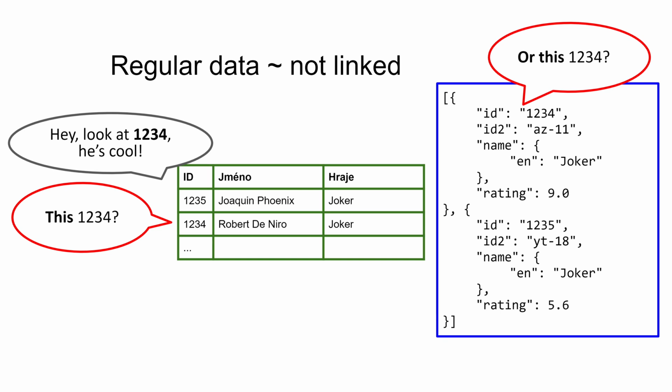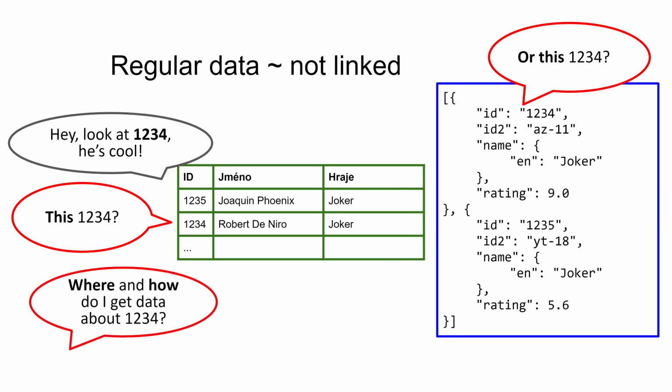Okay, so let's say that with a friend we talk about this and we decide that they actually meant the actor from the tabular dataset. Now there is another problem. The friend wants to access the data and get all the data records about that actor 1234, and they don't know where to get the data and how to get to the data.